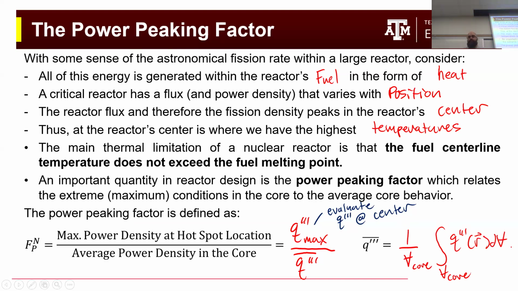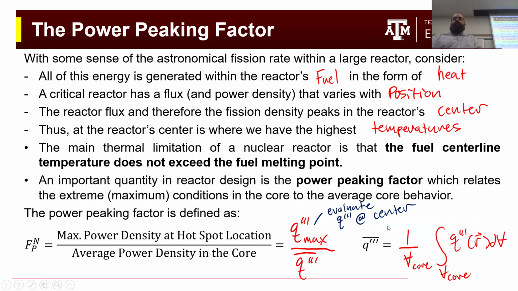That's what it means to take the average, at least in a calculus sense. An average of a quantity means integrate that quantity over the whole domain and then divide by the domain size. In this case, because it's the power density and we're integrating over the volume, we end up dividing by the volume to make it an average. So that's the definition for the average power density. That's how you can find the maximum power density.